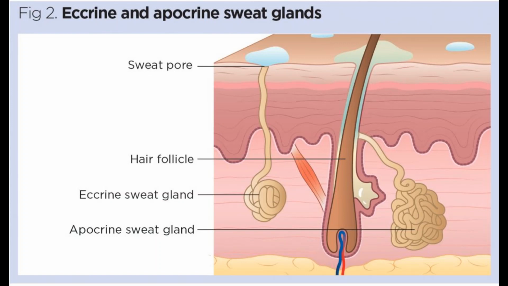Apocrine sweat glands become active during puberty. Their ducts open into hair follicles. They are larger than eccrine sweat glands, lie deeper in the dermis, and are sometimes found in the hypodermis.